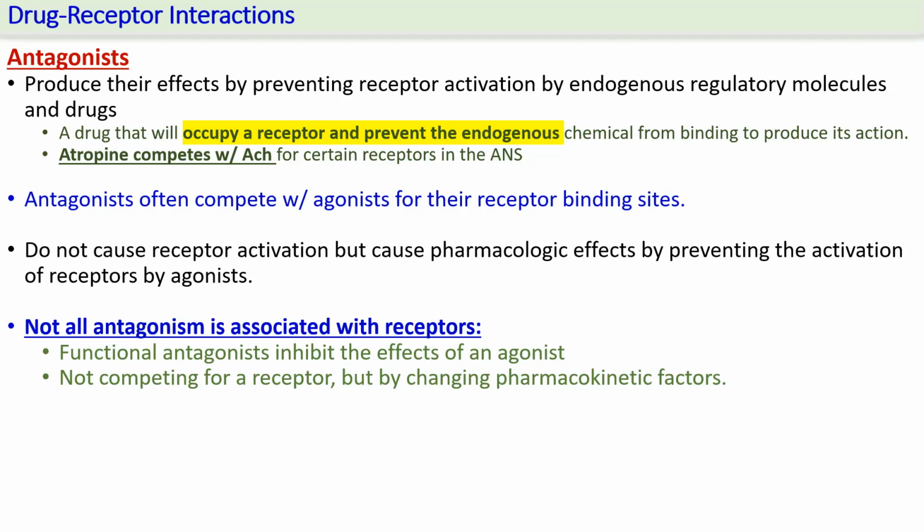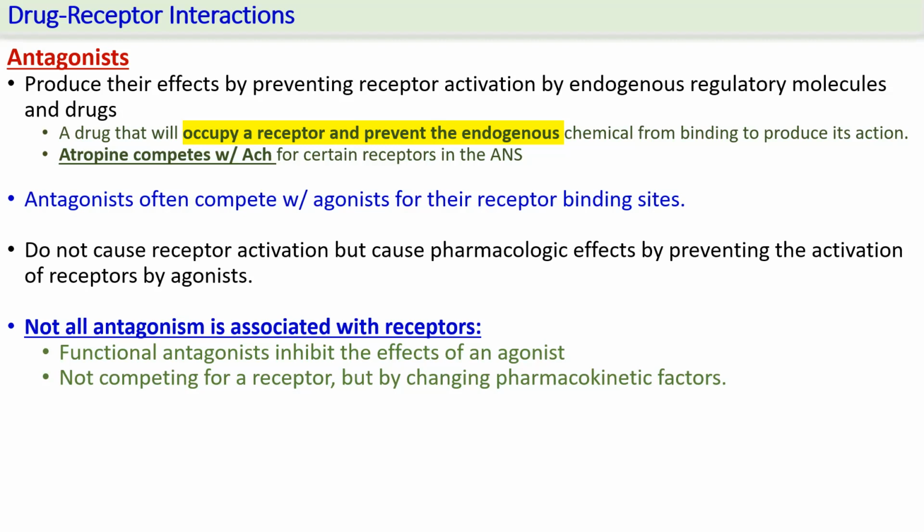So we'll move on to the antagonists. The antagonists produce their effects by preventing receptor activation by endogenous regulatory molecules and drugs. So it's a drug that will occupy a receptor and prevent the endogenous chemical from binding to produce its action.